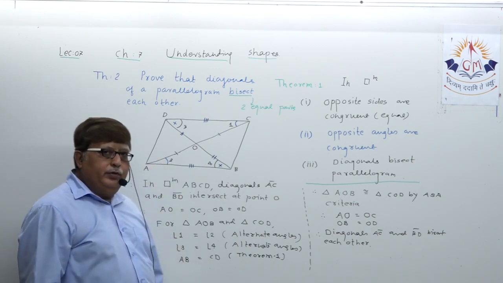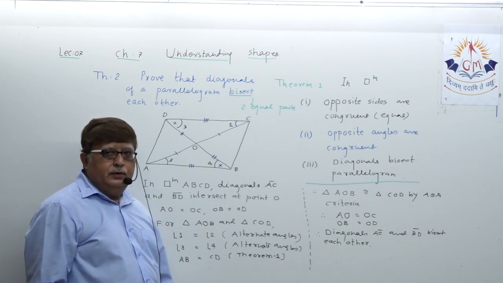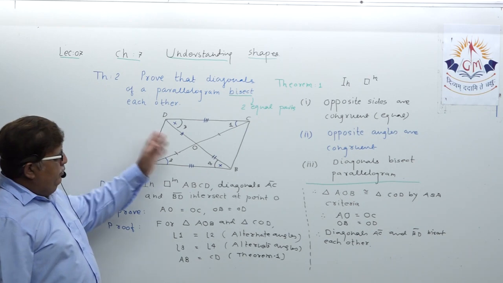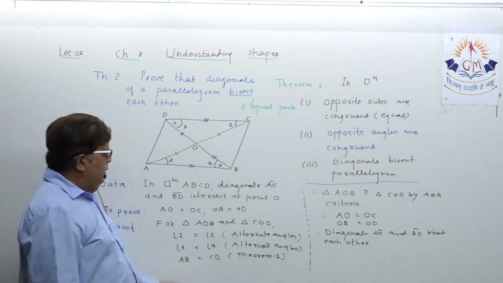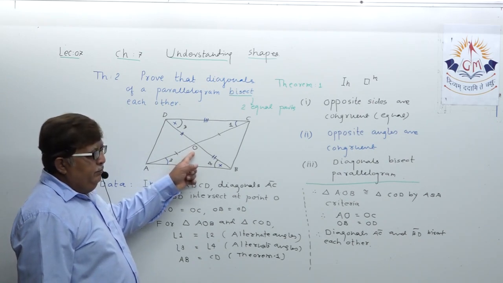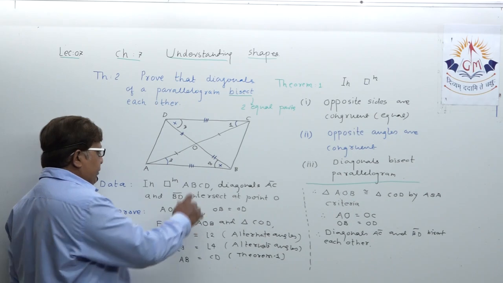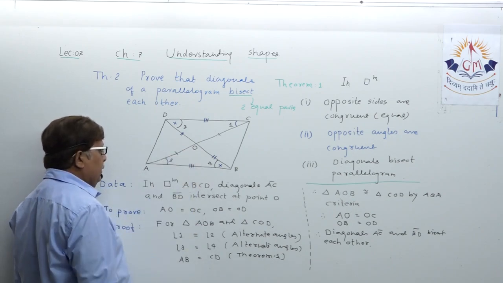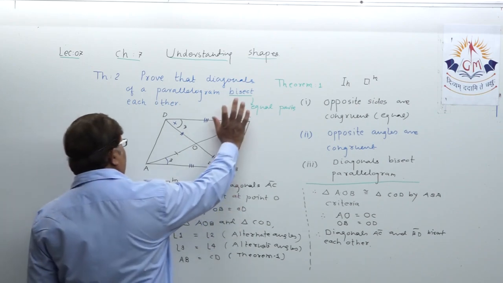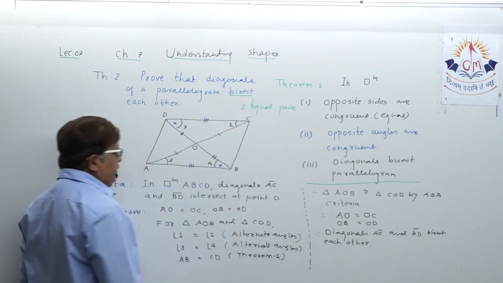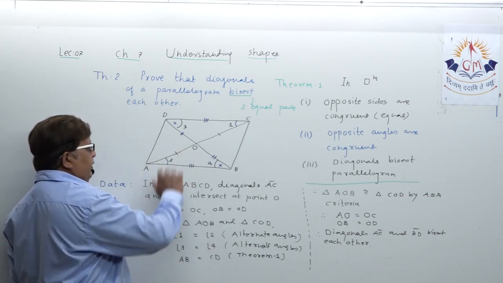You will draw a parallelogram ABCD. You will draw two diagonals AC and BD. You show them intersecting at point O.